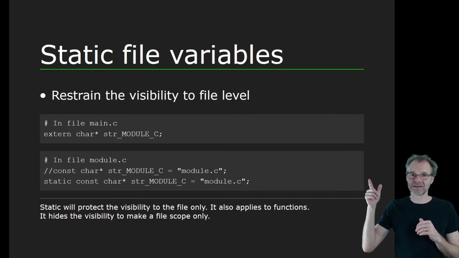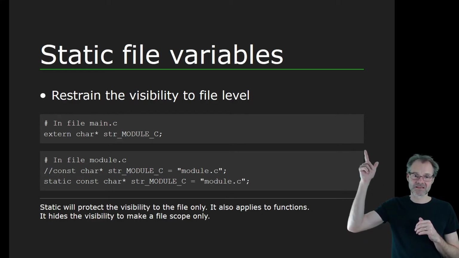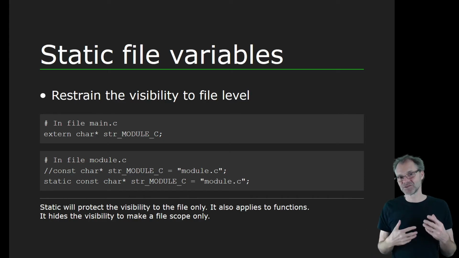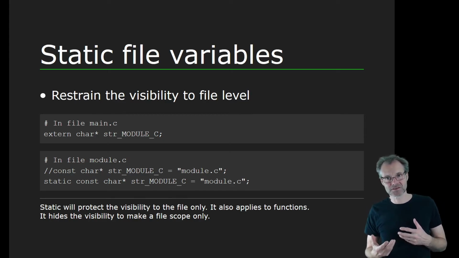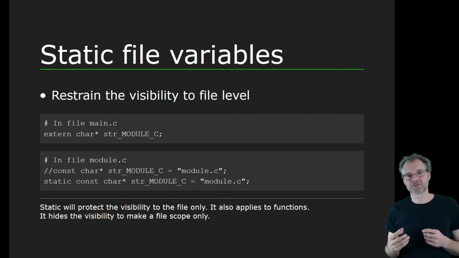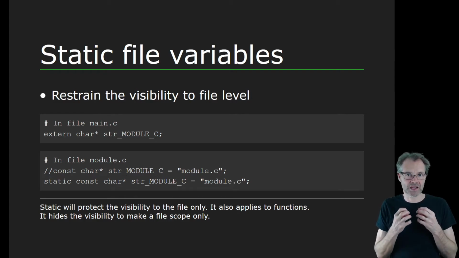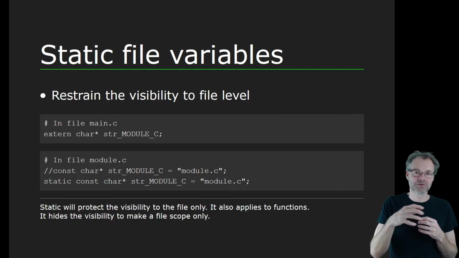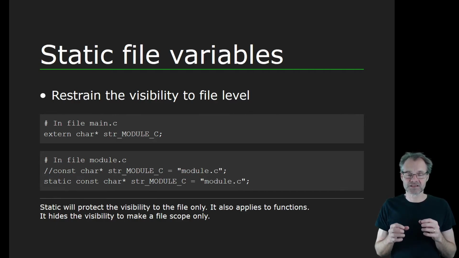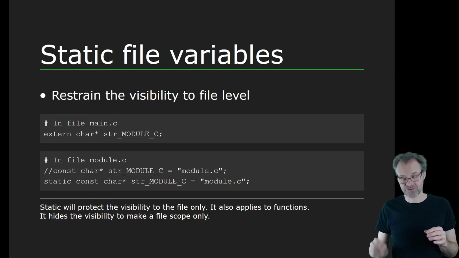That static would actually prevent the main.c here from declaring that as an extern, so it can't read it. So this is a good way when you have modules where some parts should be private property to the module and shouldn't be usable outside of this particular file. Then we declare it as a static variable or function.